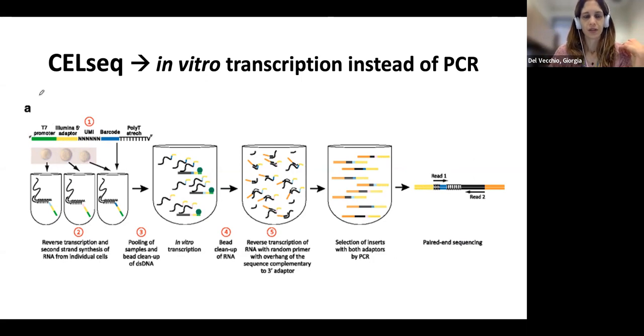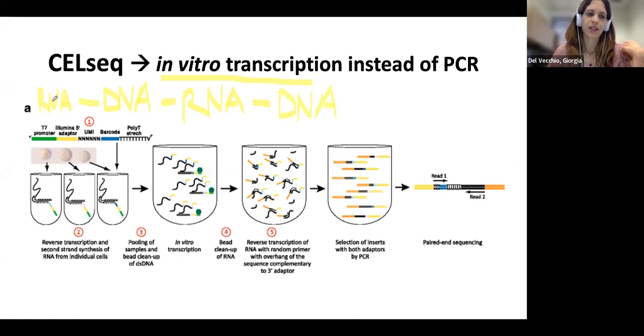But here you can start with RNA, and then you can convert the RNA to DNA. And then you can use the in vitro transcription to obtain, again, RNA. And this RNA, to be sequenced on an NGS machine, needs to be converted again to DNA.